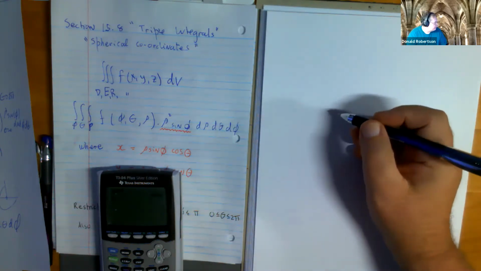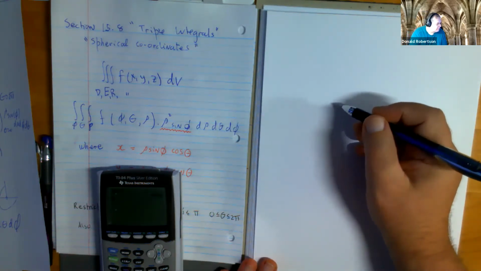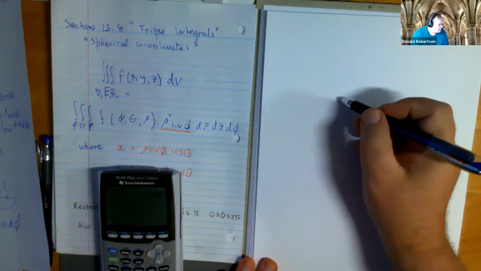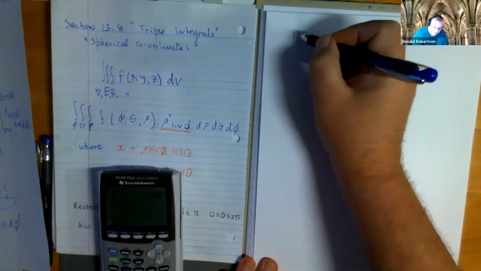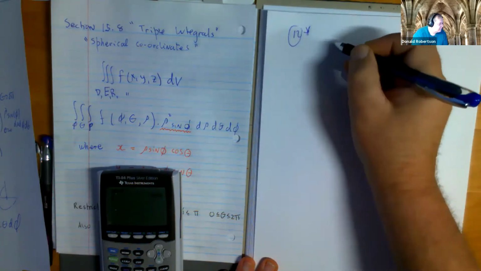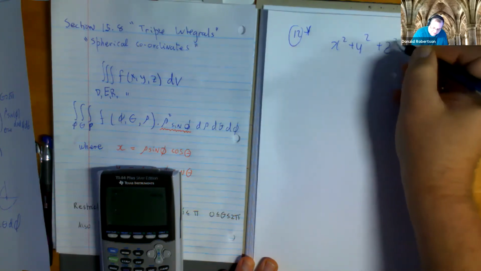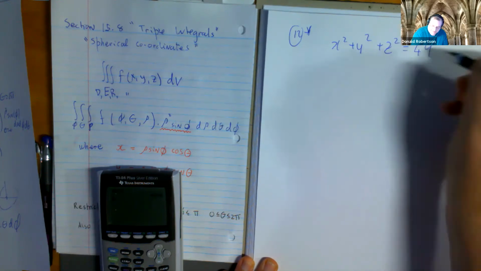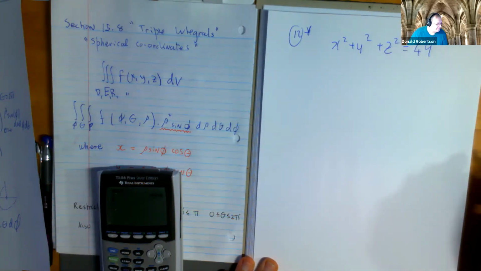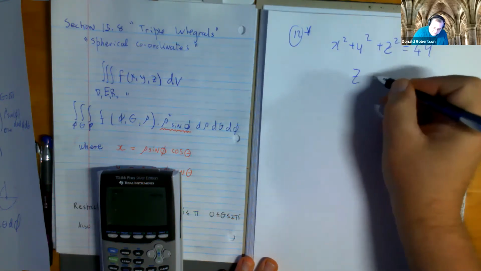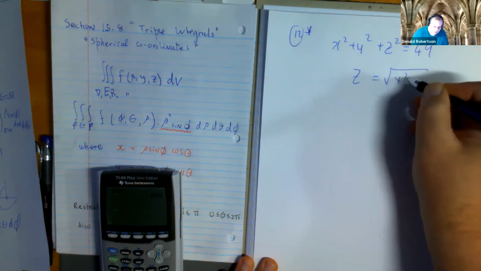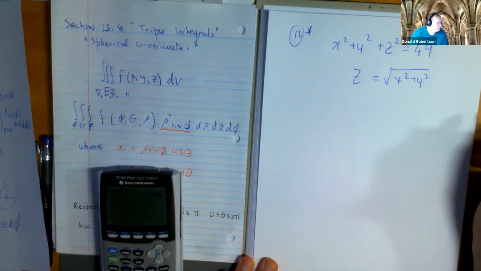Next one is another volume question, and it's version 12. This time I do recognize that guy. That's the surface of a sphere. That I recognize as a cone.